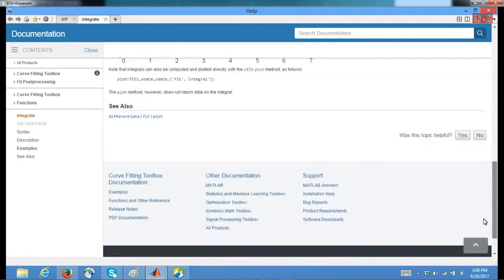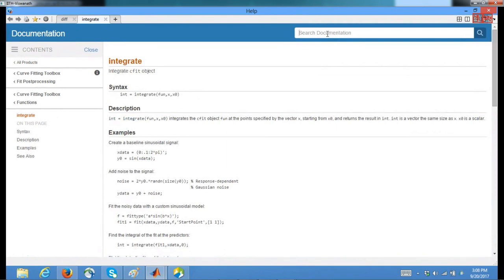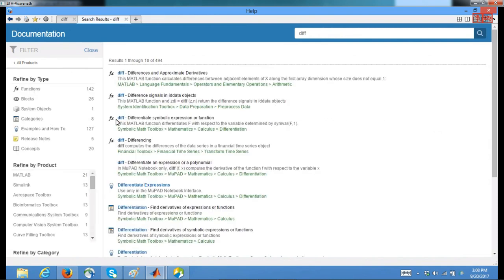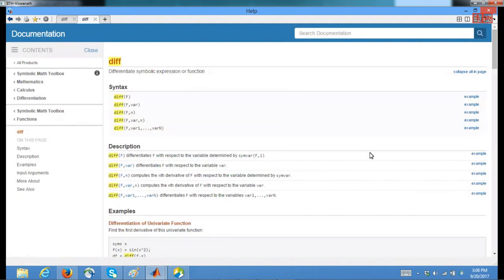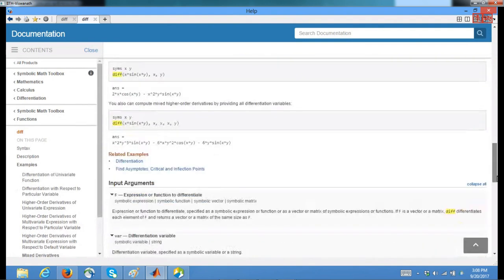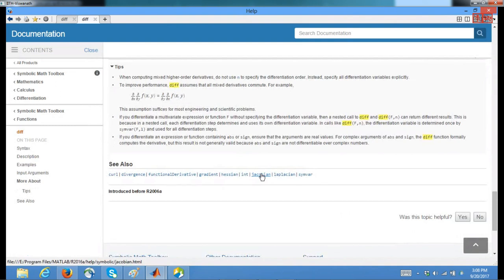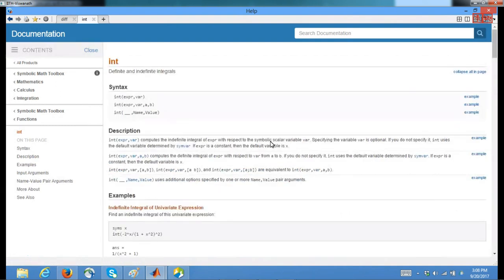So we will use this expression and integrate the expression with respect to the variable from a to b.